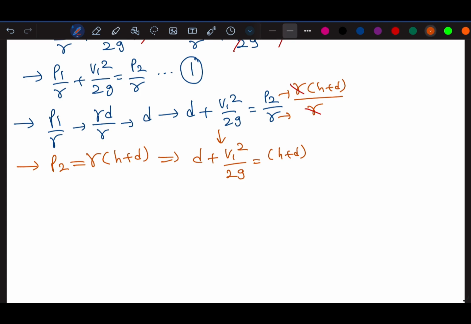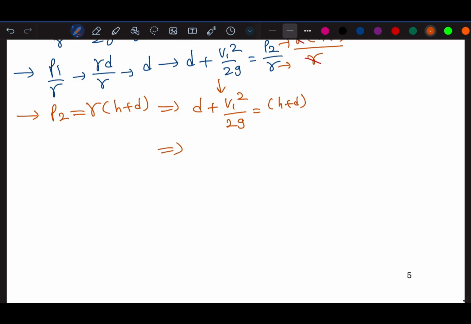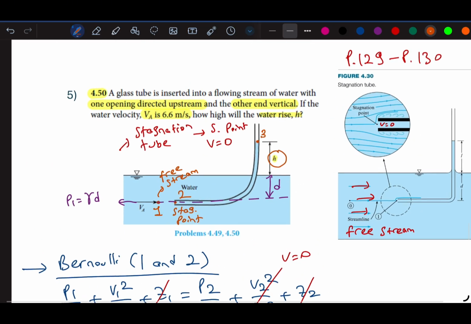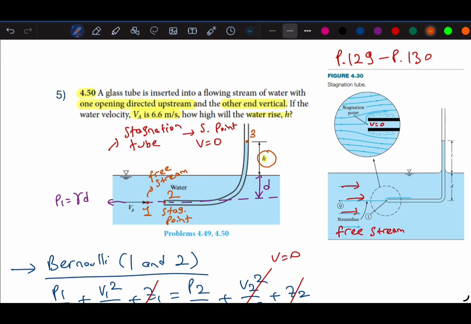Okay, so let's see what we have. As you can see, we have d on both sides, so they will eliminate each other. So V1 squared over 2g is basically equal to h. And as stated in the question, V1, the fluid stream velocity, is 6.6.